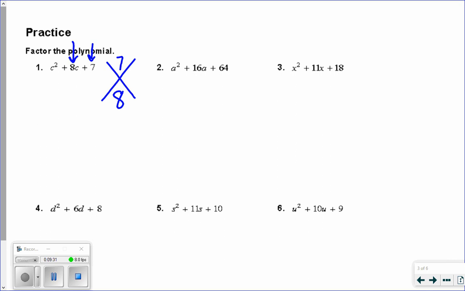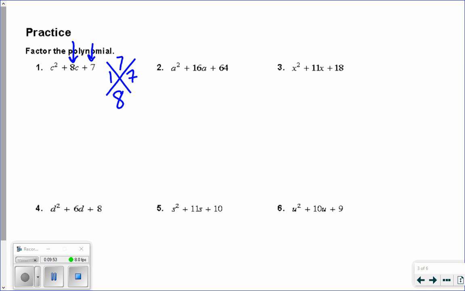That's the question. So we're trying to find what two numbers would make this work, that would multiply to a positive 7 but combine to 8. And this one's pretty simple, mainly because 7 is prime. So my list is very short. I only have two options of numbers that multiply to 7, and that is 1 and 7. But if we test that, we see that it does work.